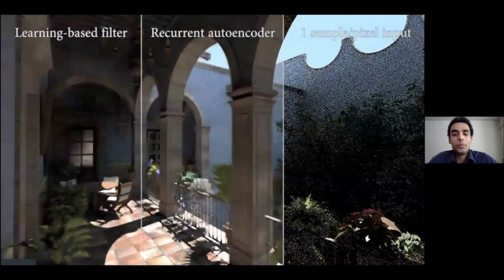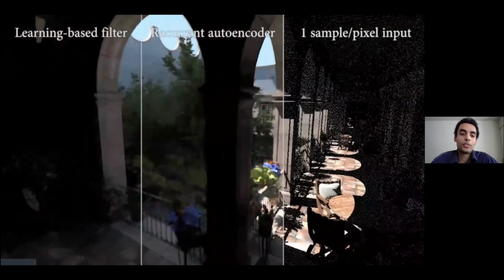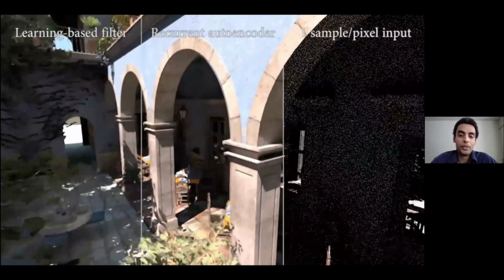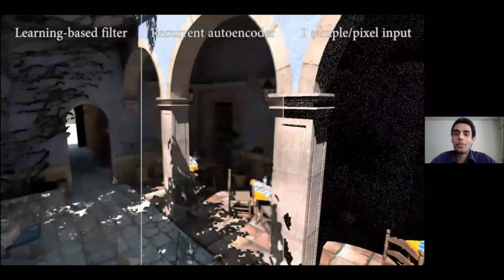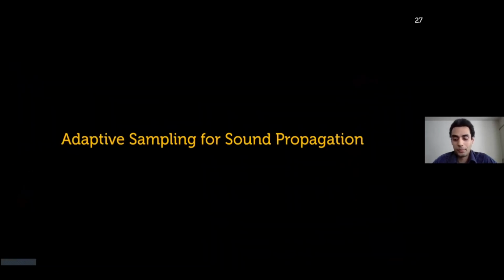Our previous two contributions gave us insights on path sampling and reconstruction techniques for light transport simulation. We leveraged this knowledge and used path tracing to develop an adaptive sampling method for interactive sound propagation.